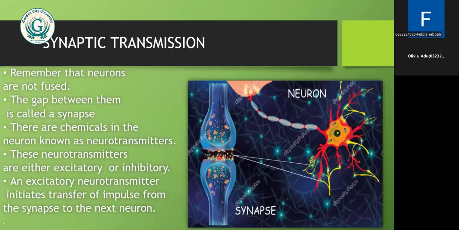So at this level, this is the synaptic junction. This neuron here is the presynaptic neuron. This neuron here too is what we call the postsynaptic neuron. And the junction formed between them is what we call the synaptic junction. This is where the neurotransmitters will be released into.